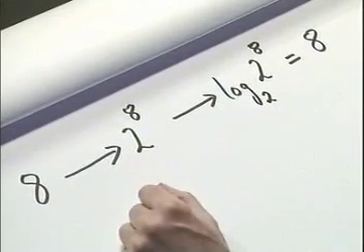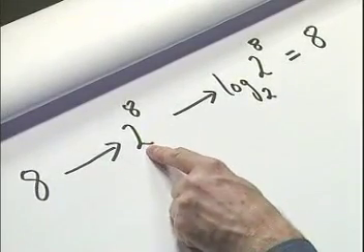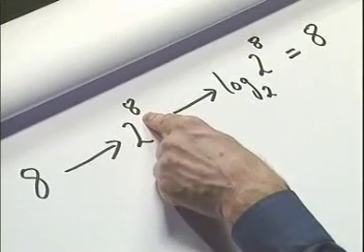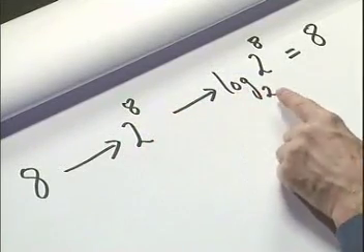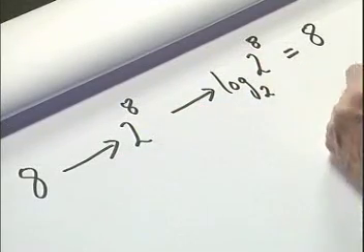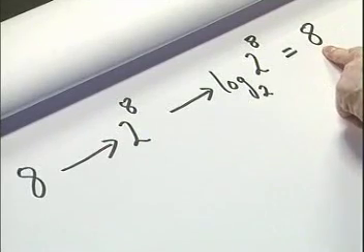Let's just think what's happened there. We started with a number, we took a base and we raised the base to that power. We then took logs to that base of our resulting answer, and we ended up with the number that we first started with.